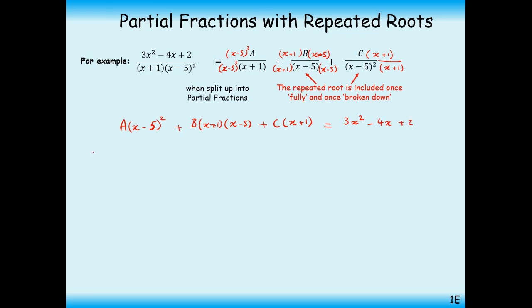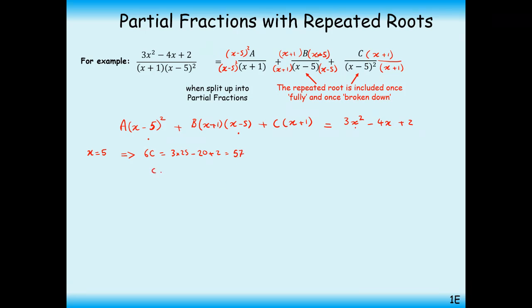Now, with elimination, we can assume that x equals 5. So this bracket and this bracket will cancel away. What we end up with is C multiplied by 6 on the left, and on the right, a factor of 5 will mean that 3 is multiplied by 25, and we take away 20 and add 2 to it. 75 minus 20 is 55. 55 plus 2 is 57.